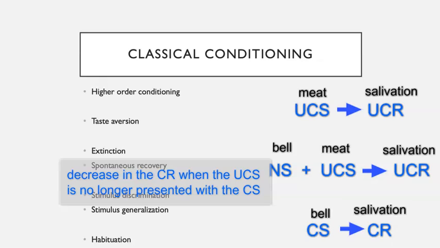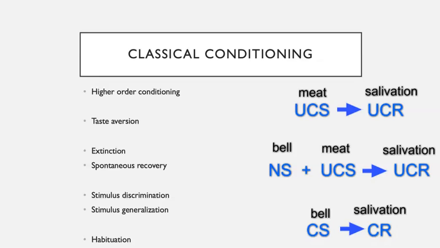Or let me say that again. It's a decrease in the conditioned response when the unconditioned stimulus is no longer presented with the conditioned stimulus. What happens is that you break the connection. You no longer give meat powder after you ring the bell.